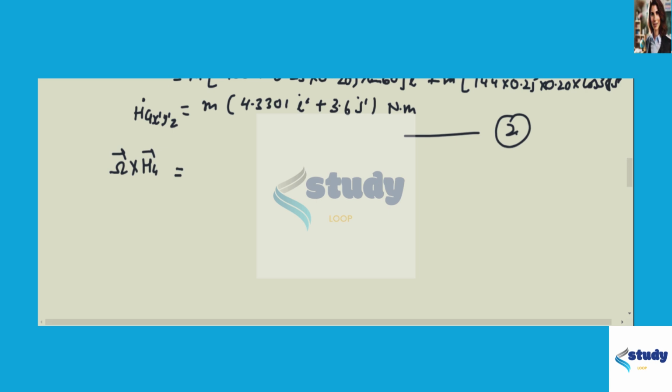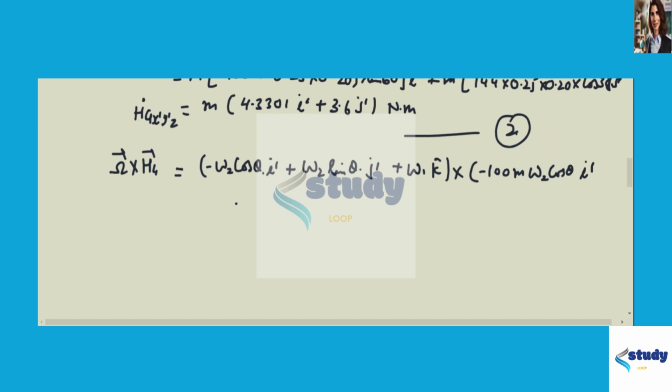Omega is minus omega t cos of theta I dash, omega 2 sine of theta J dash, plus omega 1 k cap, cross minus 100 m omega 2 cos theta I dash plus 144 m omega 2 sine of theta J dash plus 100 m omega 1 k cap.